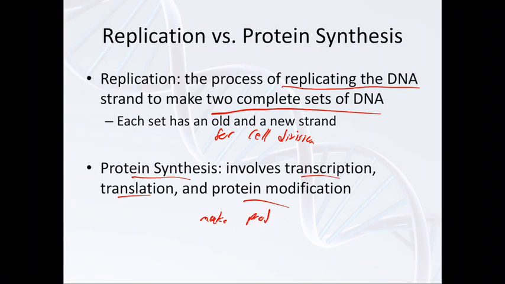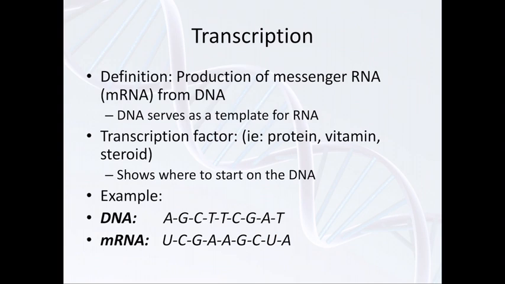Okay, so let's look a little bit closer at a couple of those. Transcription, again, the definition is production of messenger RNA from DNA. Okay, DNA serves as the template for RNA. There's always going to be some type of transcription factor that goes in and binds to the DNA somewhere and tells the enzymes where to start making that messenger RNA.